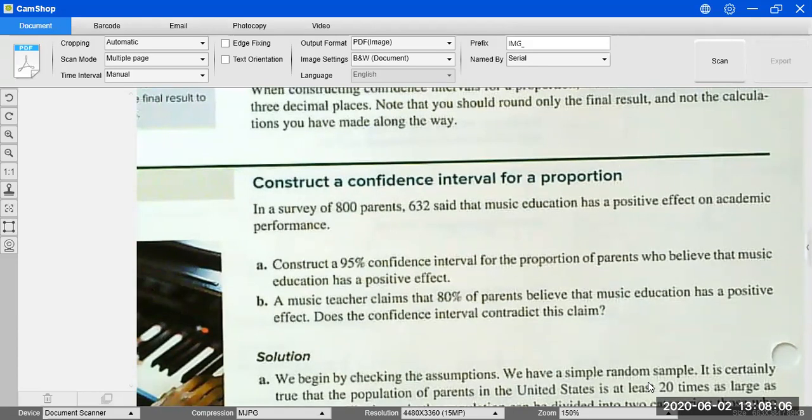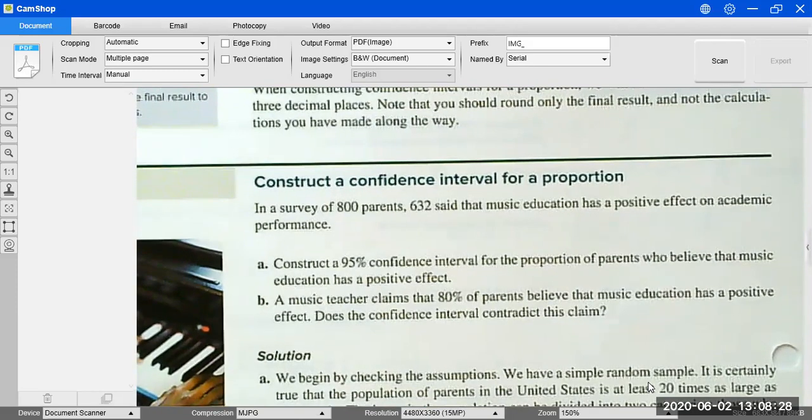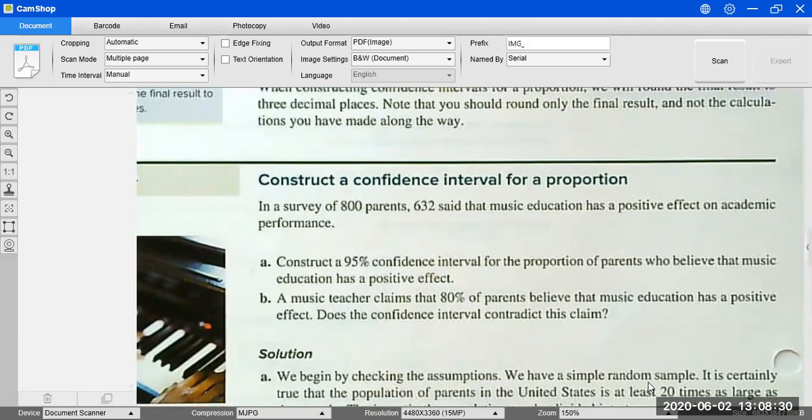The only thing that you need to check is whether the 80%, the claim of the music teacher, falls within the interval. If the 0.80 value for proportion is within the interval, then the claim is supported by the confidence interval. Otherwise, it's contradicted by the confidence interval.